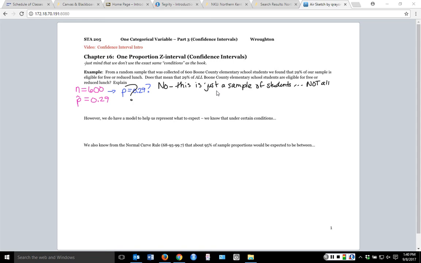However, based upon this sample proportion and sample size, we learned a model to tell us what to expect.